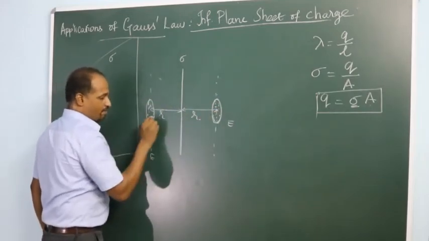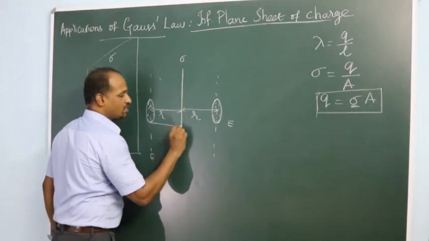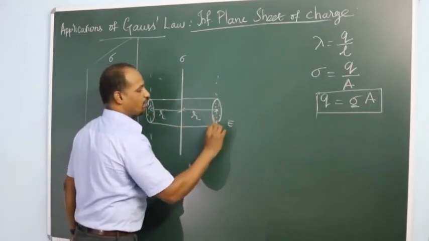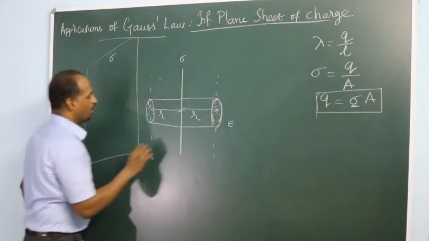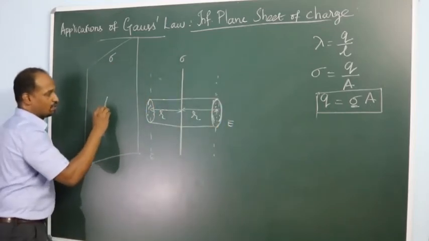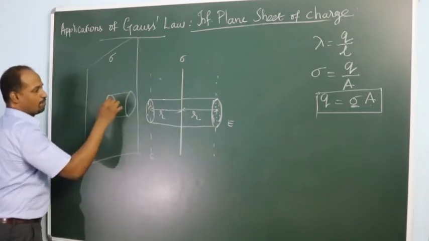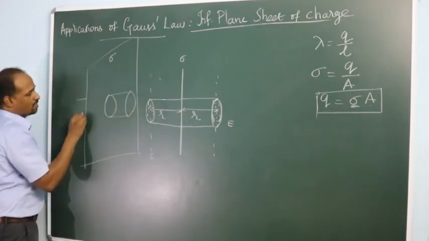Then, encapping these two, just imagine a cylinder. To give a perspective, it will be like this. This cylinder will be passing through this area and come out of this.